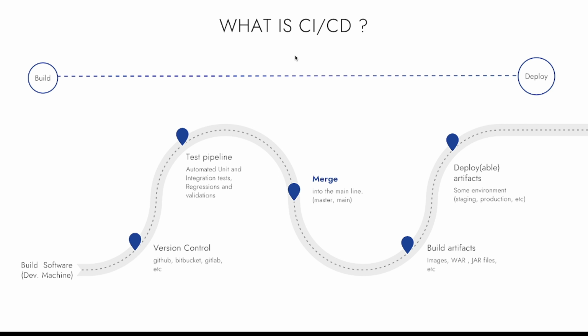So the term CI/CD is sometimes used to mean continuous integration and continuous deployment, but that D can sometimes be continuous delivery. What really matters is that at the end of the CI/CD process, you have a final deployable artifact that can be released on an environment of choice.